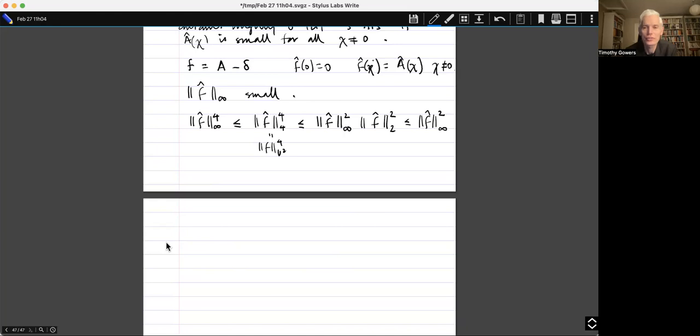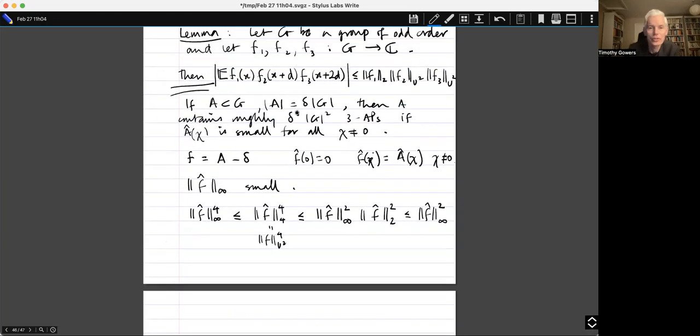So that tells us that you get roughly the right number of arithmetic progressions of length 3 if all the characters are small, if all the Fourier coefficients are small. We can also deduce that if this quantity is small, then A contains roughly the number of progressions of length 3.